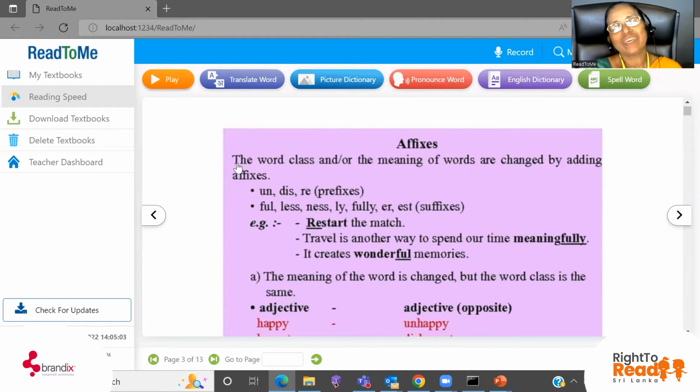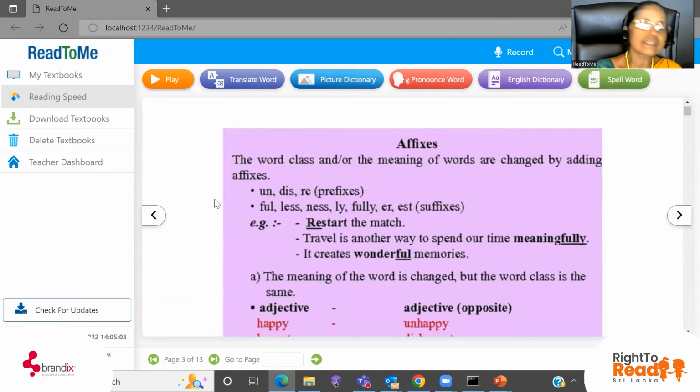In the same way, we can add letters or a group of letters to words. Word class or the meaning of words is changed by adding affixes.